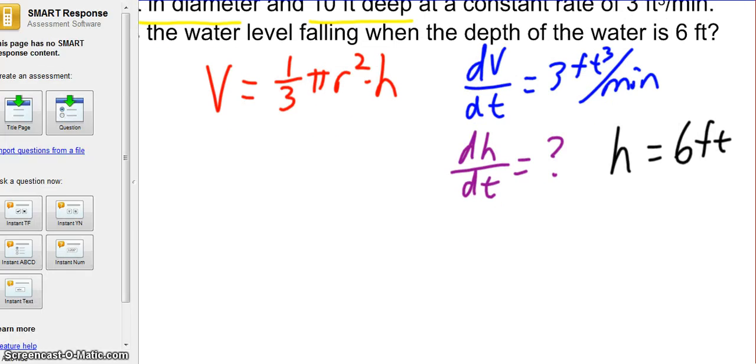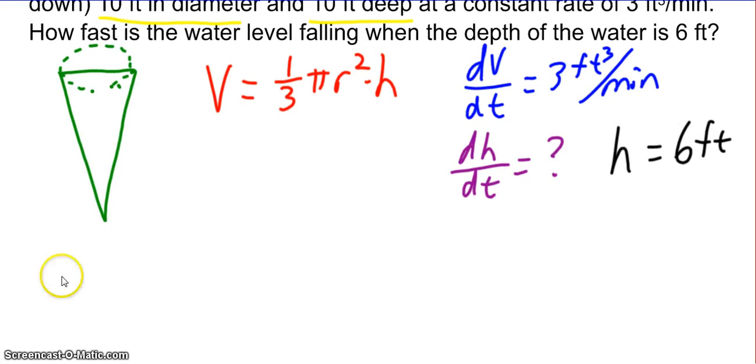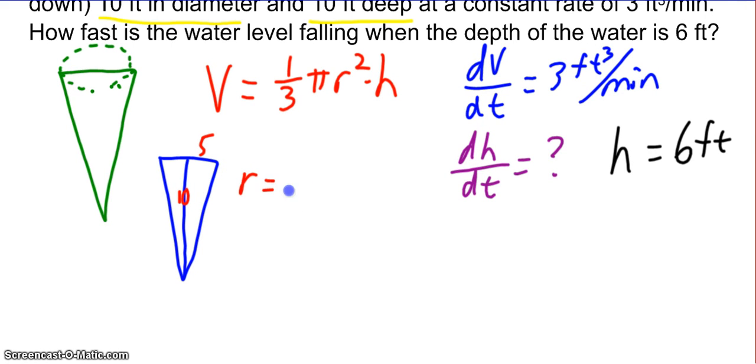If we think about a cross section of the cone, I'm going to end up with triangles, and I know that this is 5 and this is 10. So r is going to be half of h, because no matter where I am in this cone, I'm always going to have the same similar triangle. So the ratio between r and h is always going to be the same.